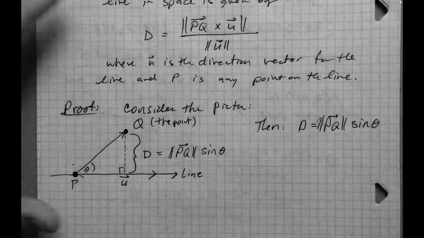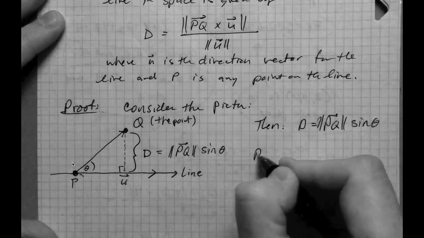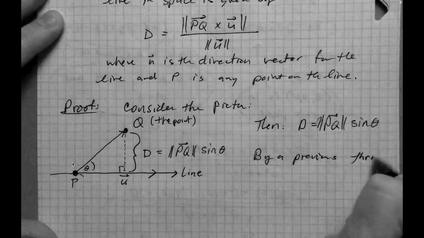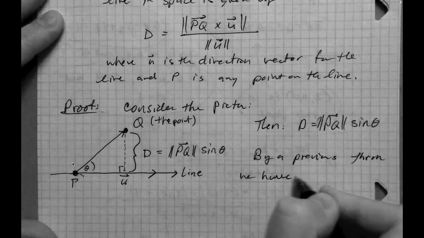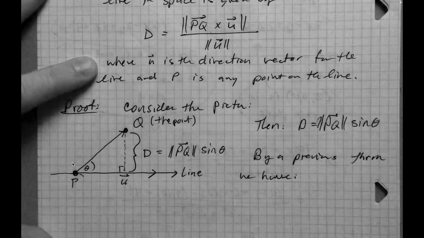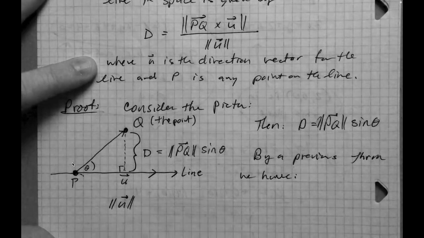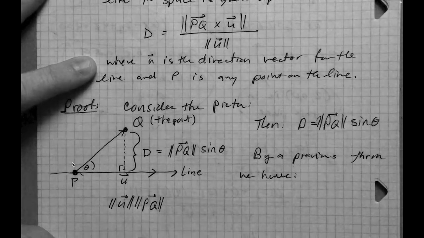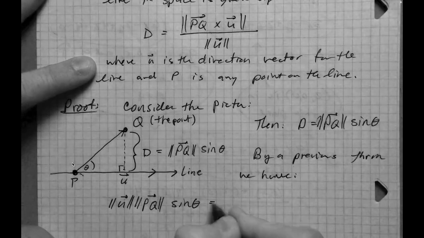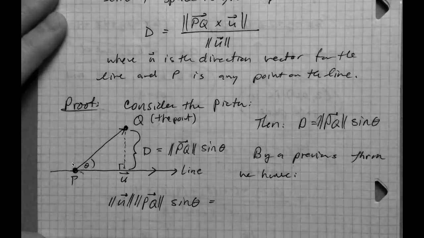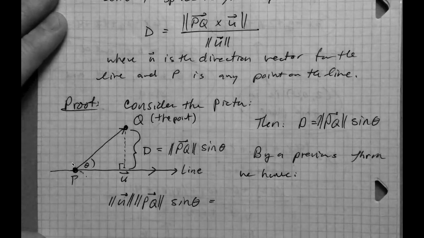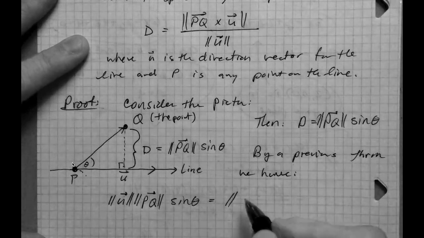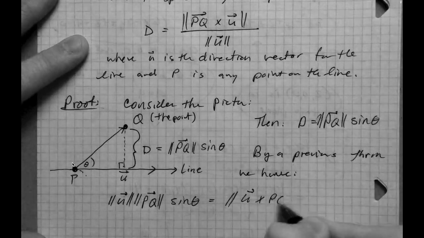Okay. So then by a previous theorem, we have, what did we have, right? We had that the norm of U times the norm of PQ times sine of theta. Okay. So the length of U times the length of PQ times the sine of theta, that was equal to the cross of U, so U cross PQ.